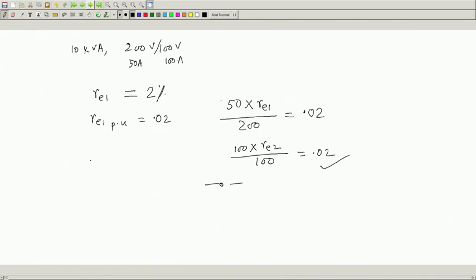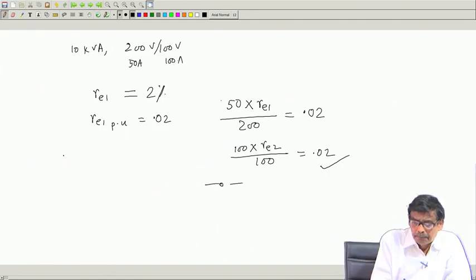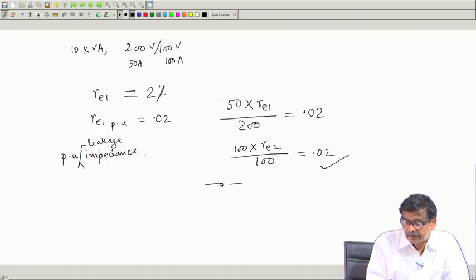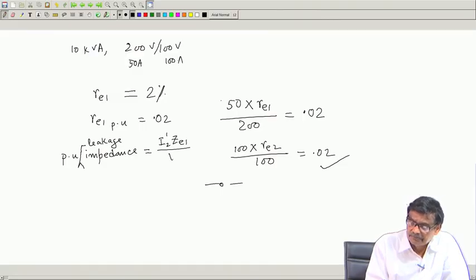Extending this, you can also say per unit leakage impedance of the transformer can be written as I2', or I1, because no load current is neglected, into ZE1 by V1.